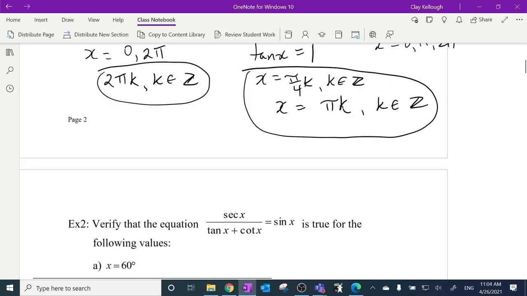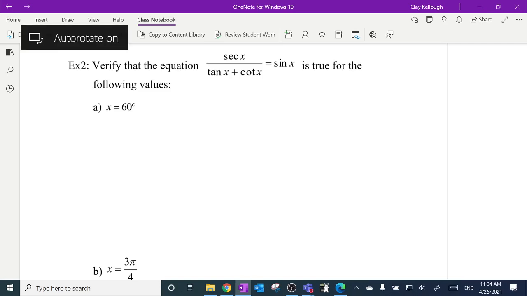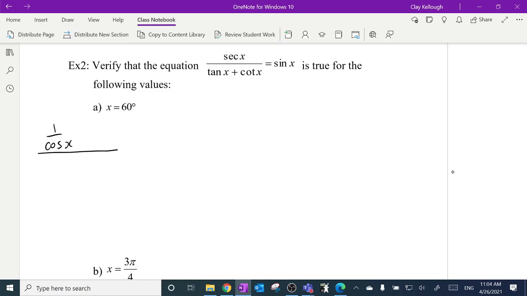All right. Verify that this equation is true for the following values. X is equal to 60 degrees. All right, let's give this a try. What's secant again? Well, secant is 1 over cosine. And tangent is, well, tangent's just tangent, right?